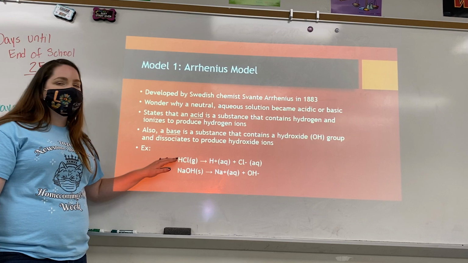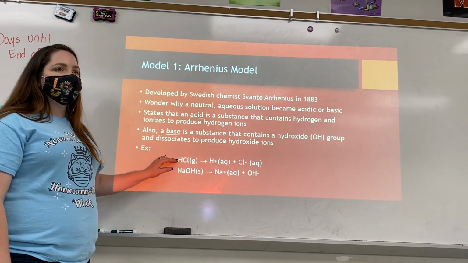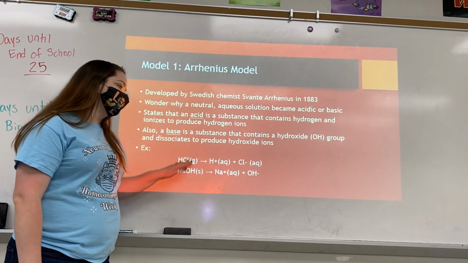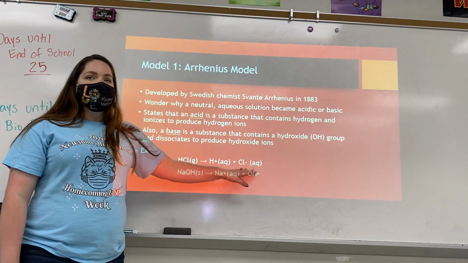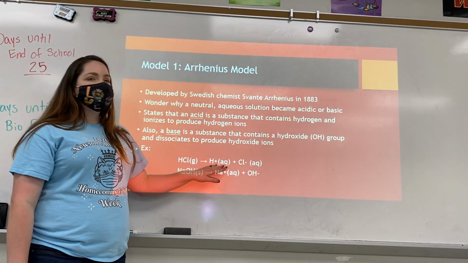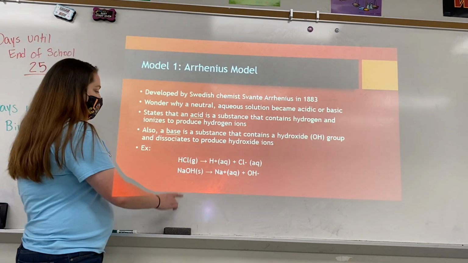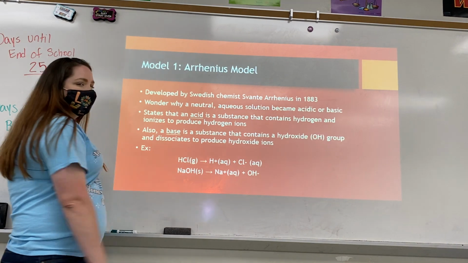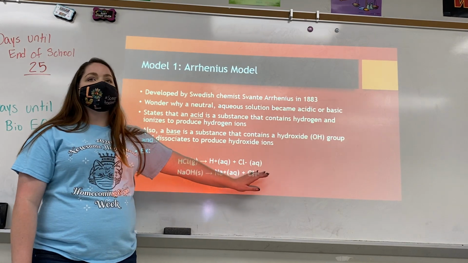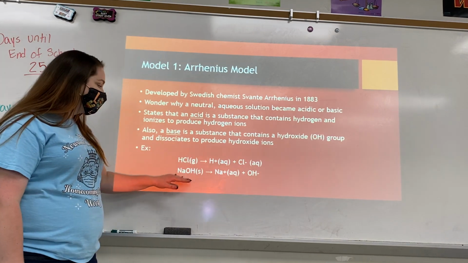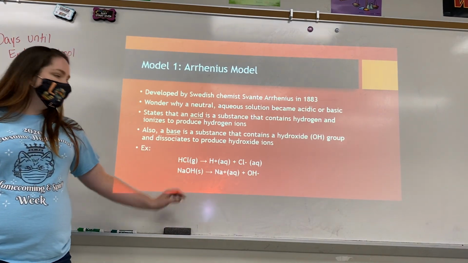So if we have the dissociation, or the breaking down, of hydrochloric acid in the gaseous form, it is going to produce hydrogen ions and chloride ions. Because this substance produces hydrogen ions, it is an acid. If we have the dissociation of NaOH, that is going to make a sodium ion and a hydroxide ion. Because this substance breaks down and produces a hydroxide ion, that substance is a base.